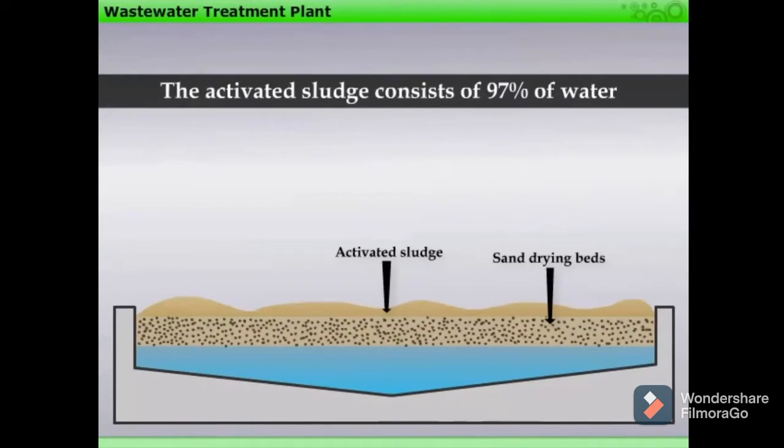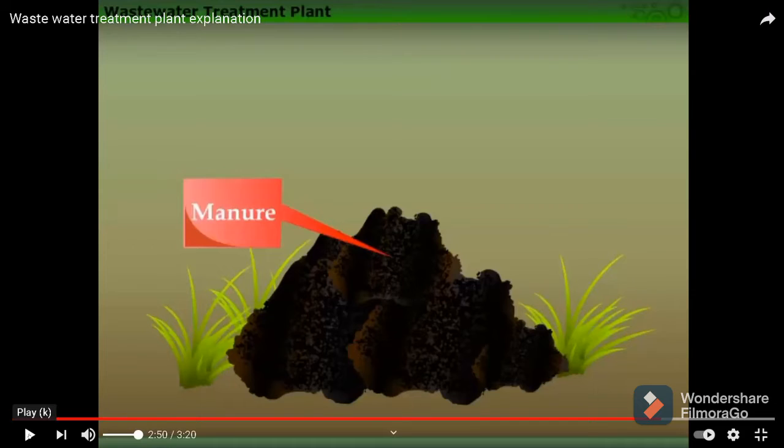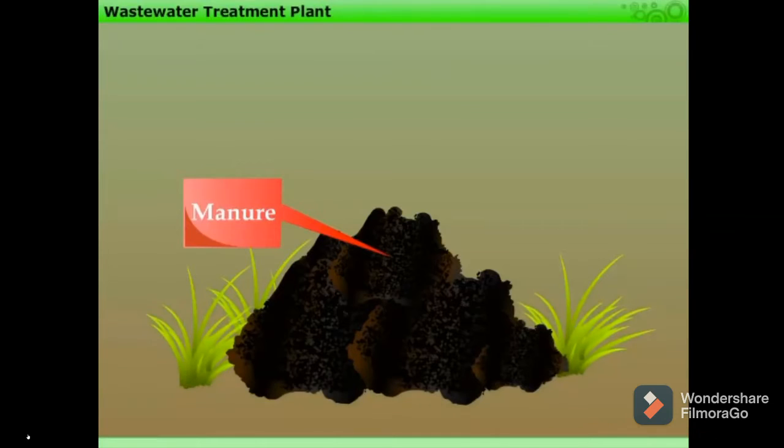As the activated sludge contains 97% water, the water is removed by sand drying beds or machine. The dried sludge that you are seeing is used as manure, which we can use in fields. It will increase the nutrients in the soil, and the fertility of the soil will also be increased.